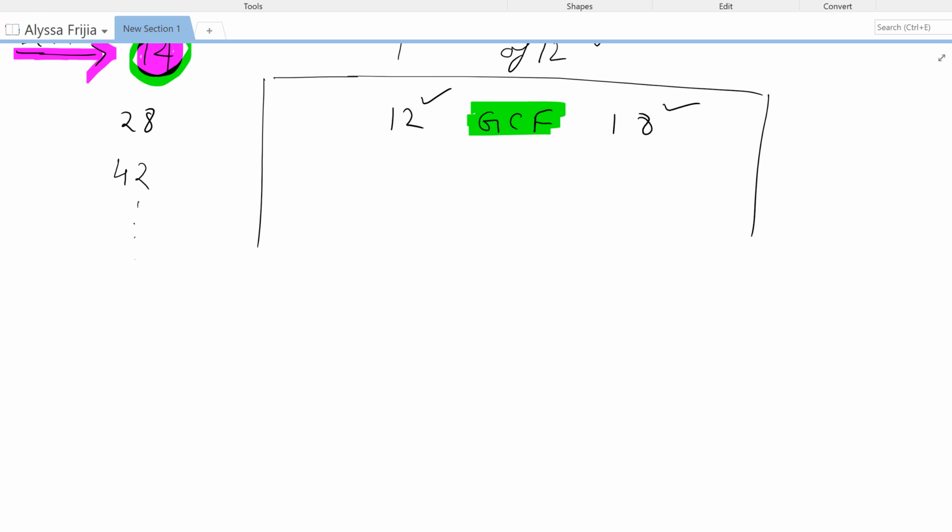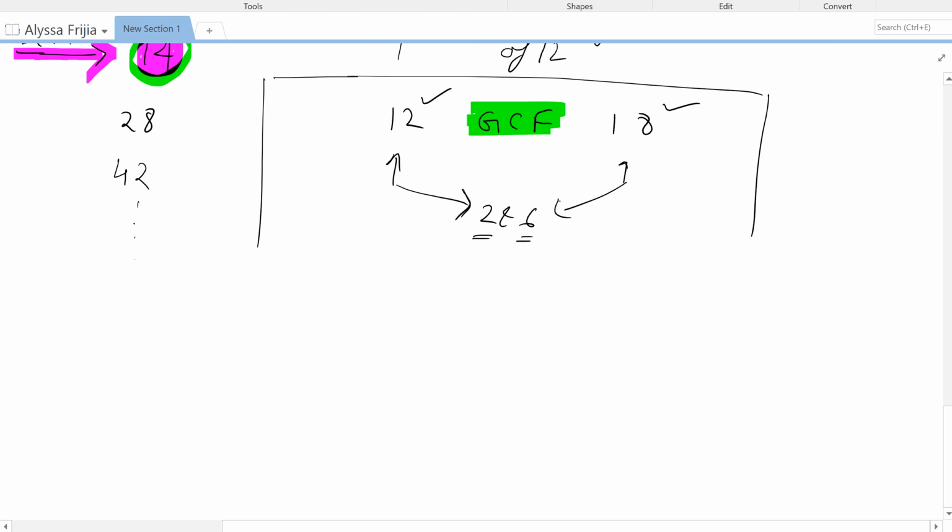So now let me write down the factors for both of them. The common factors for both of them are 2 and 6.